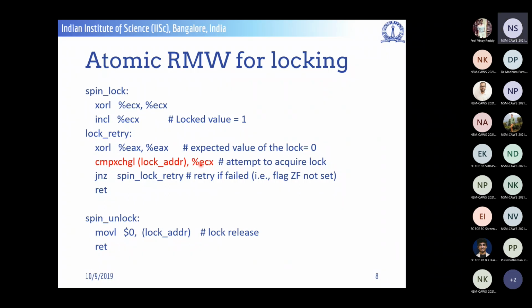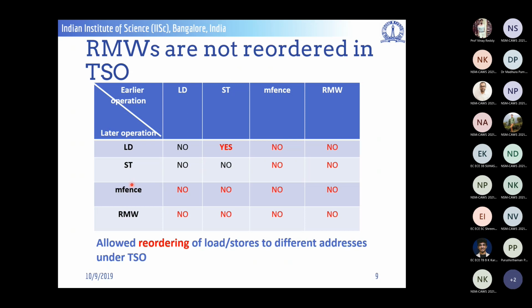Yes, sir. Thank you. And I think Surya asked if there is another way to implement some of this ordering. So the question is that we have seen up till mFence, right? These read, modify, writes in x86 also have a similar behavior, where across RMWs the loads and stores would not get reordered. So this is similar to what the fence would do.